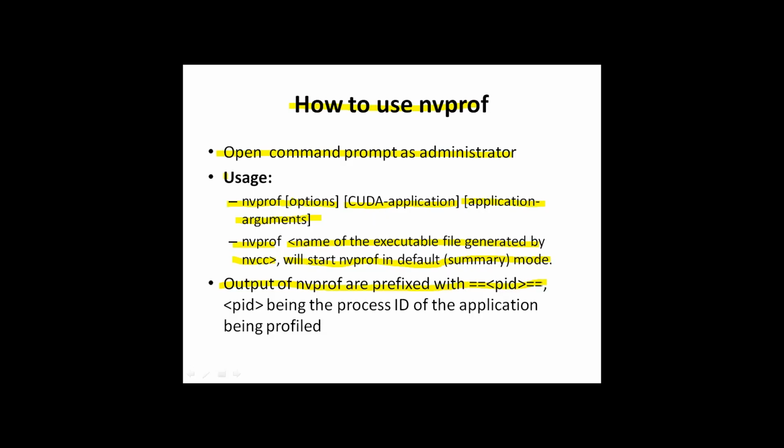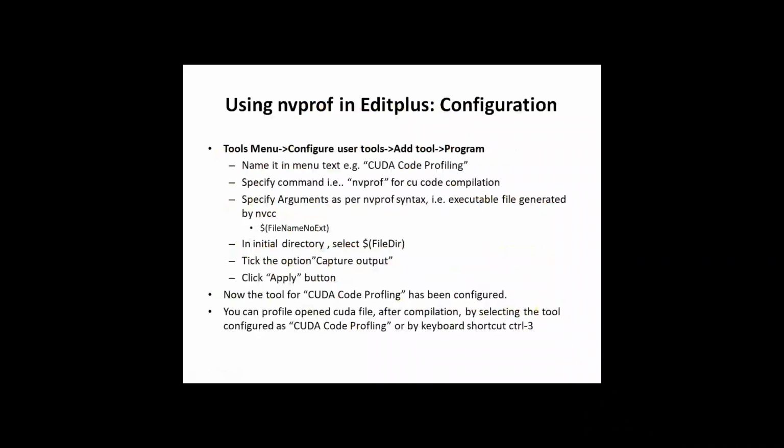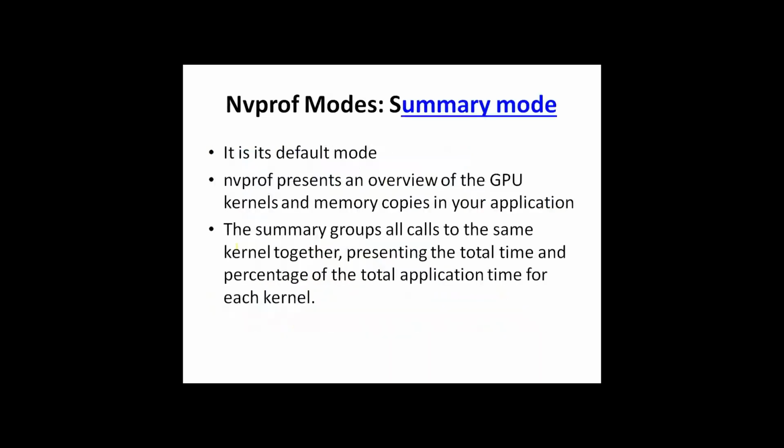So that process ID is prefixed in the output of NVProf whenever we run it. As I told you earlier, we can either run NVProf in the command prompt, or we can also configure NVProf in Eclipse. That I will go through after a couple of slides.